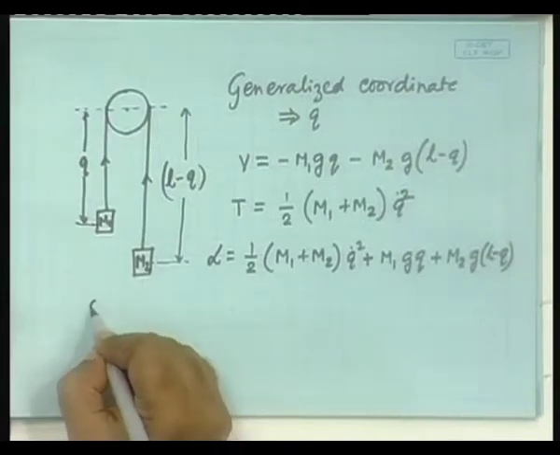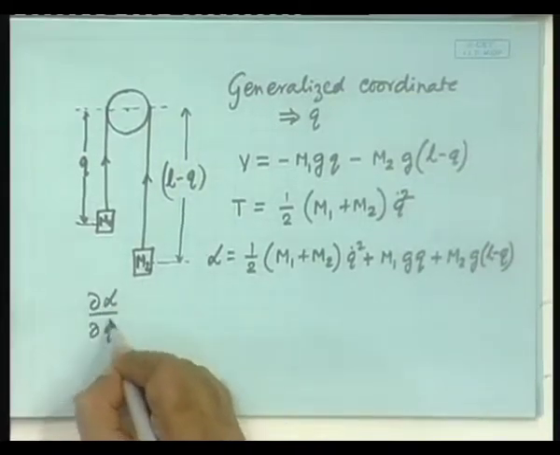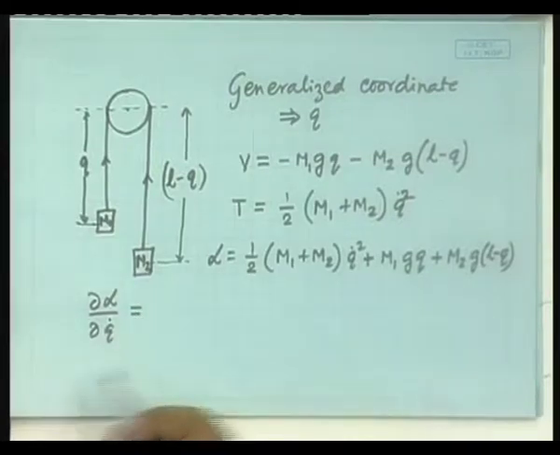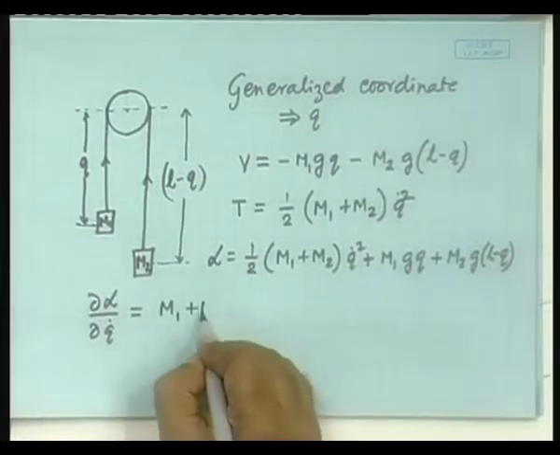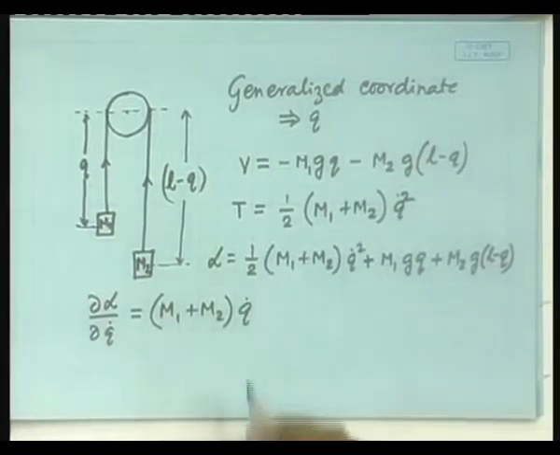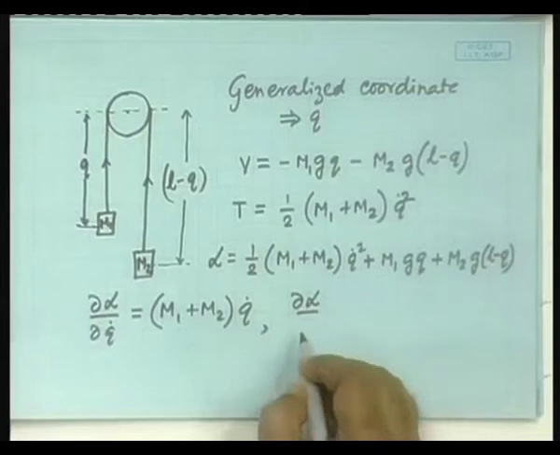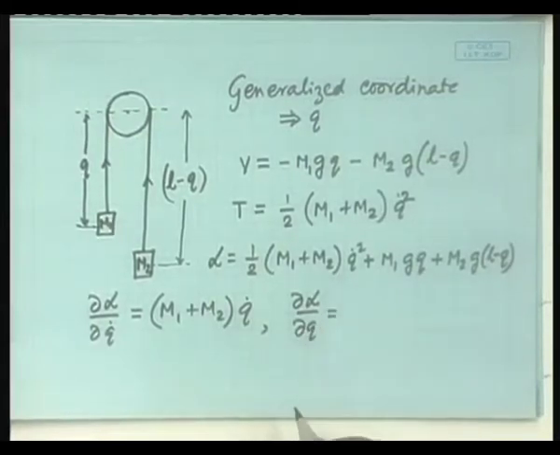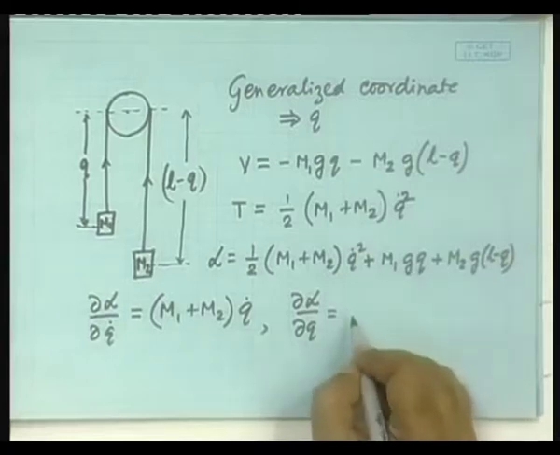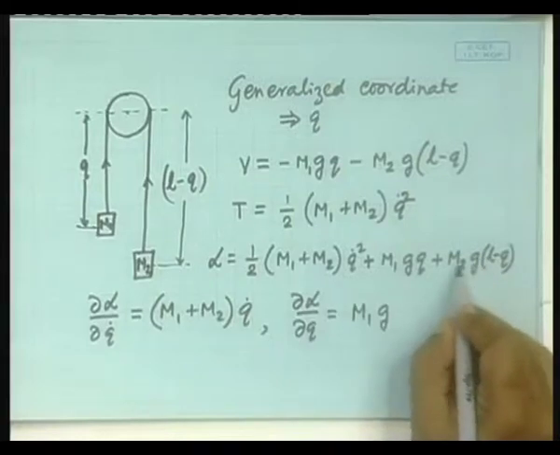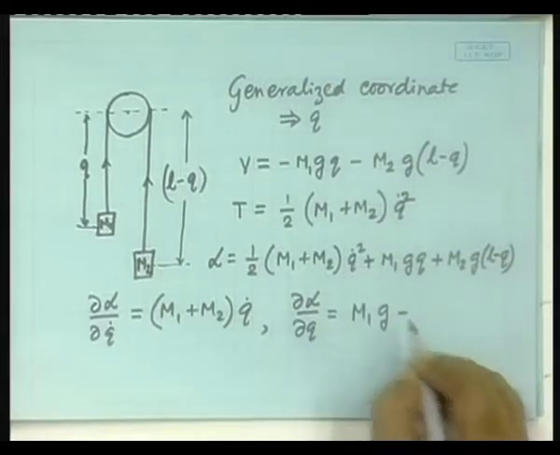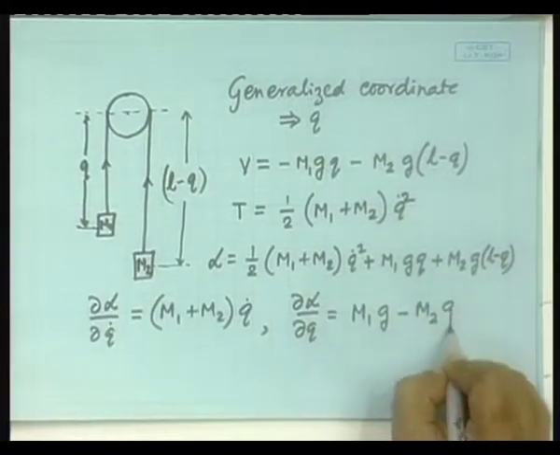So, the derivative with respect to q dot is (m1 plus m2) q dot, and the derivative with respect to q is, let us see, this term m1 g, this fellow cancels off, this fellow vanishes. So, minus m2 g, right.